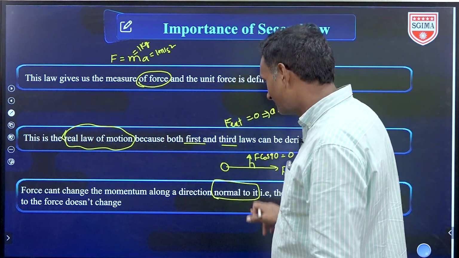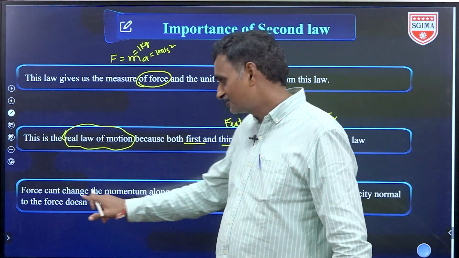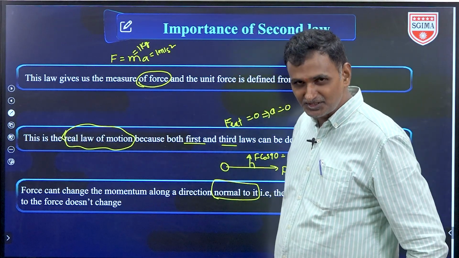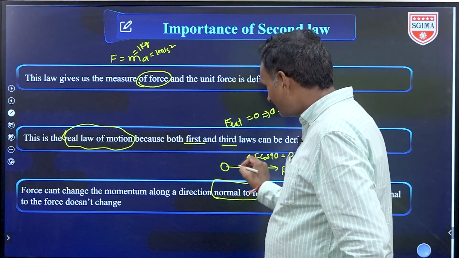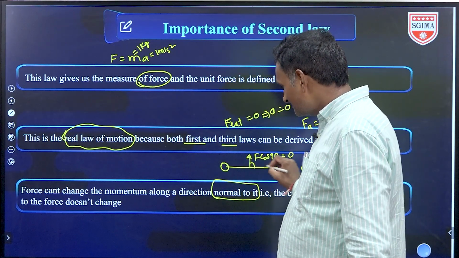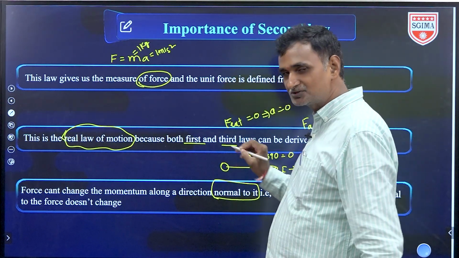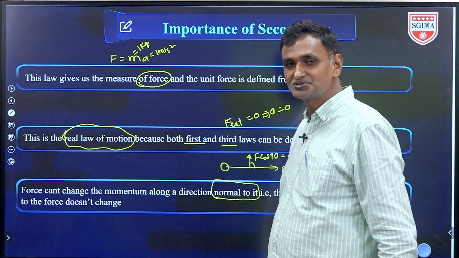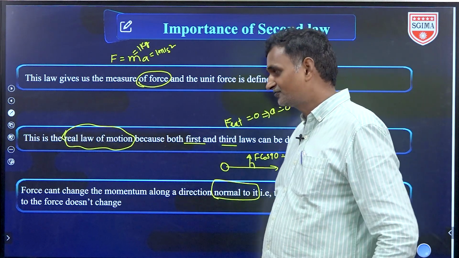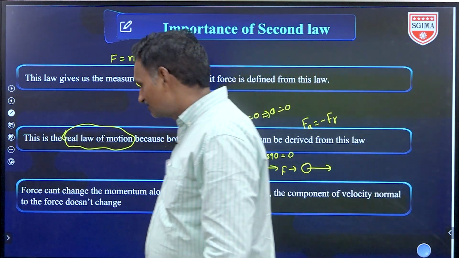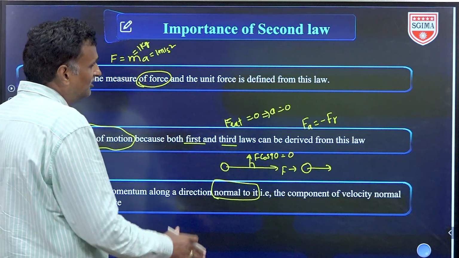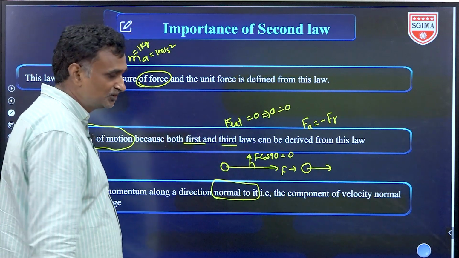Suppose force is acting to the right side and velocity is also to the right side, then velocity changes in the direction of force, not along the normal to the force. That is the explanation for the third point. This is the importance of the second law.